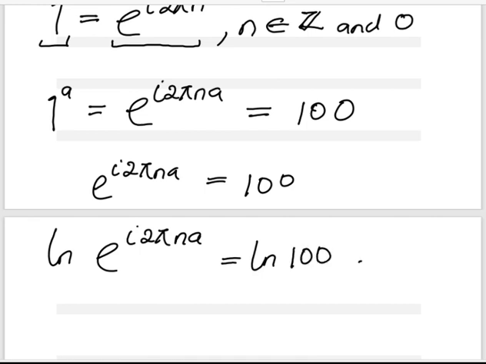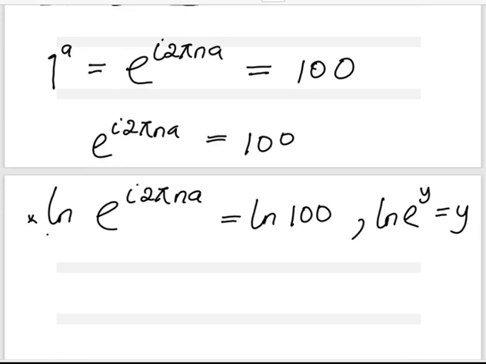And we know that the natural log of the exponential of any term, say y, is simply y. So if we apply this here, this is just going to give us i 2 pi n a, and this is simply the natural log of 100.